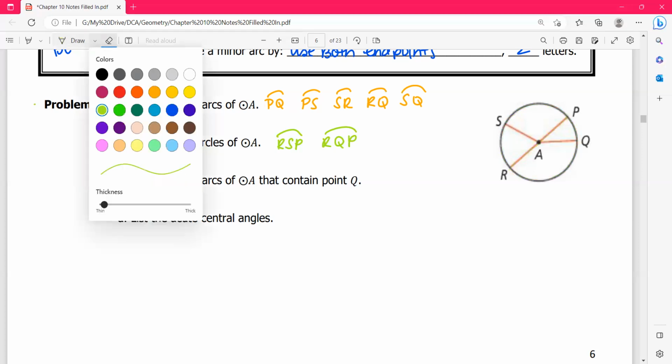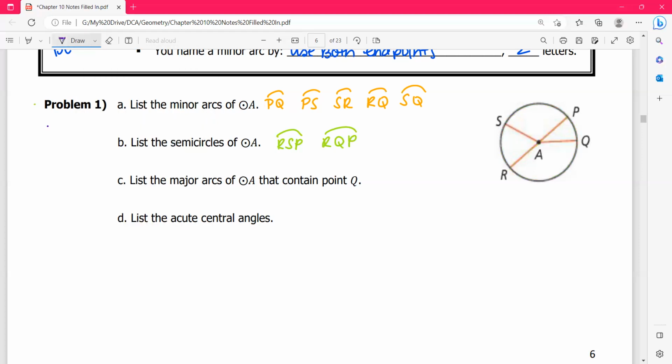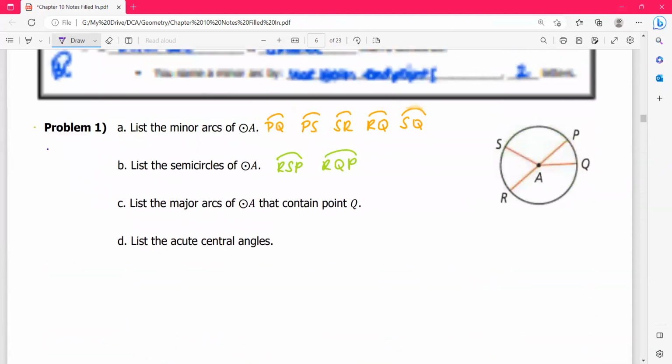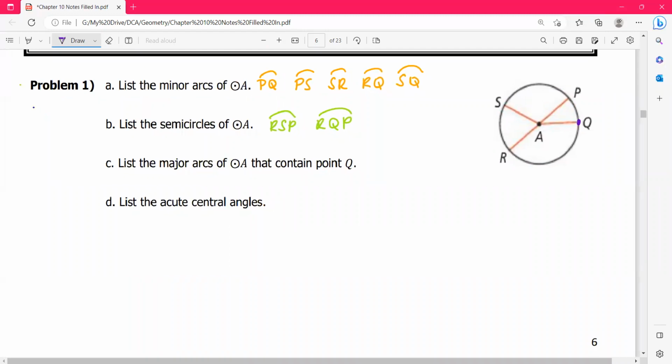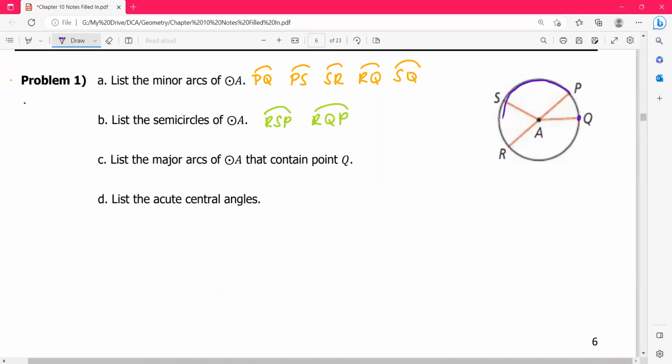Okay, let's check out the next question. Major arcs containing point Q. Here's point Q. Let's say we've got PSQ. See that? PSQ. We can say RSQ.